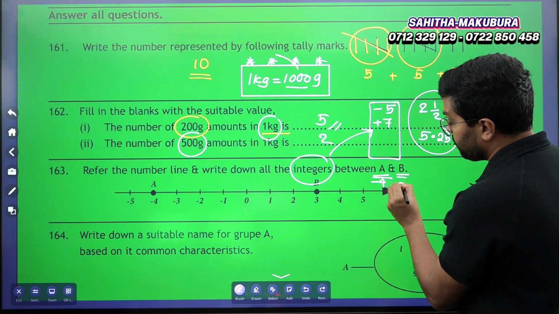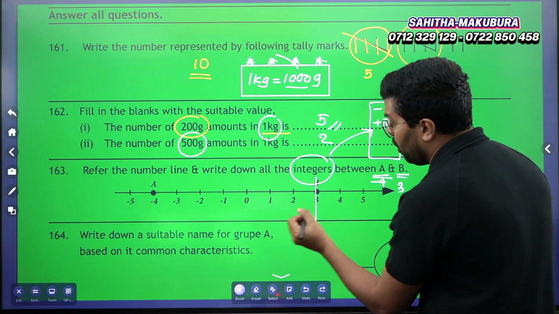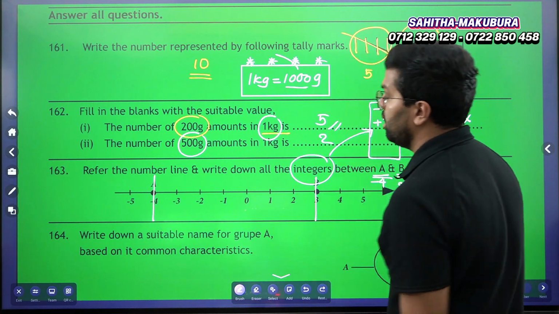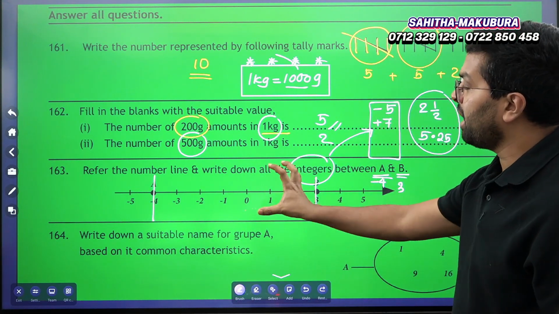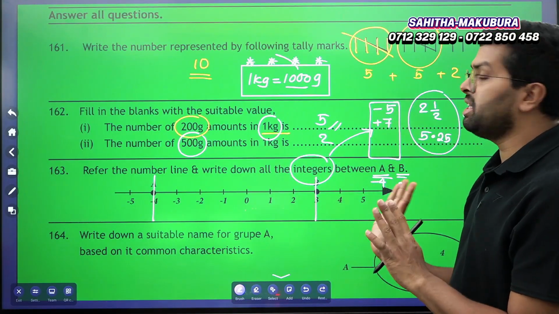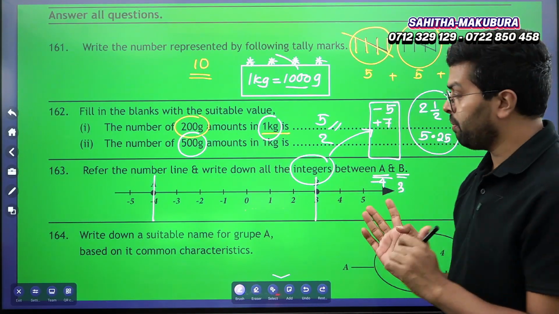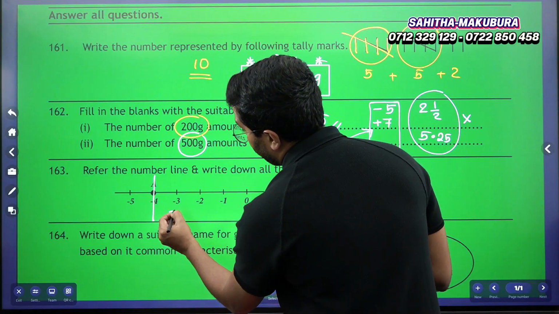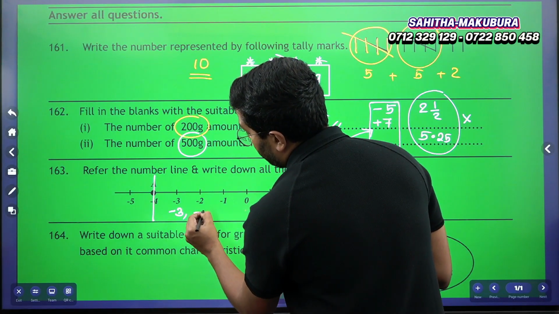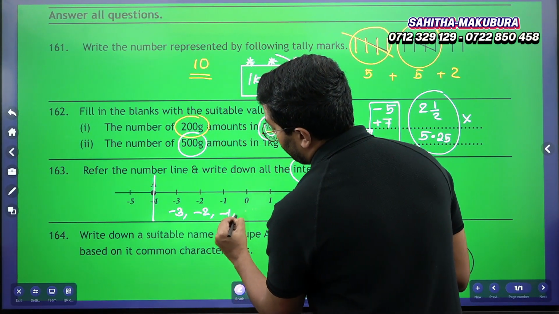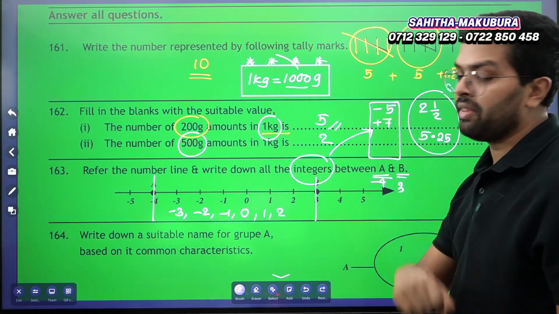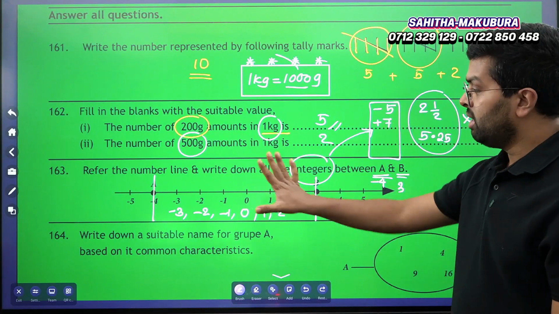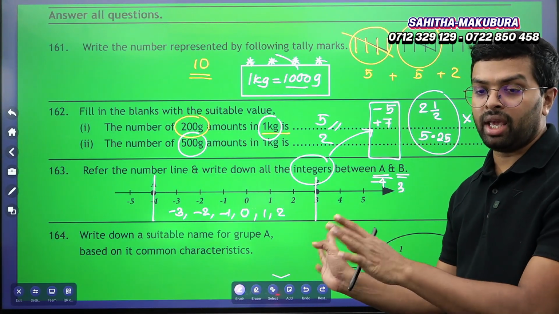Positive 3. So what are the integers in between? Negative 3, negative 2, negative 1, 0, 1, 2. These are the integers between A and B.